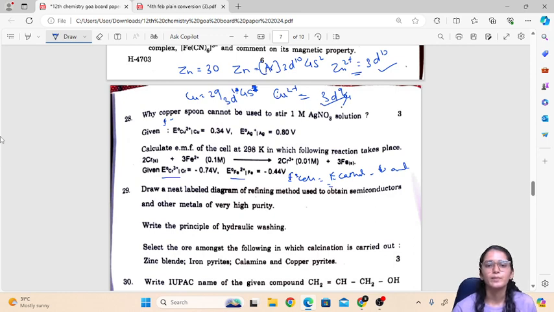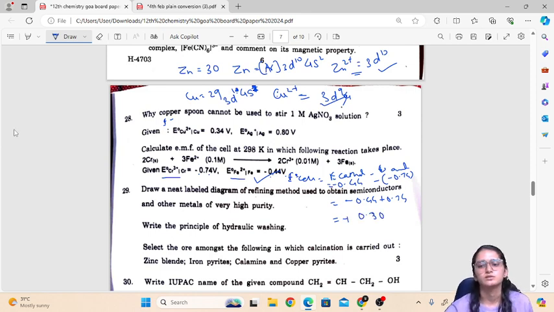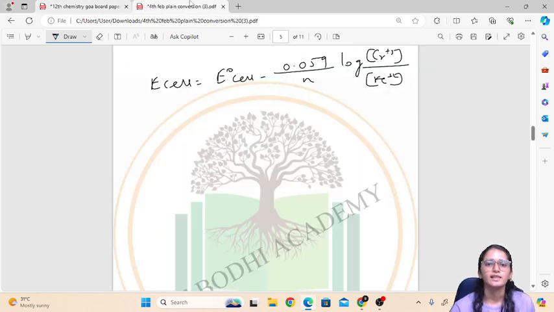If you compare minus 0.74 and minus 0.44, then minus 0.44 is the largest value, so you take that as the cathode. So minus 0.44 minus minus 0.74 gives 0.44 plus 0.74, so the answer will be plus 0.30. So we got E naught of cell as 0.30.